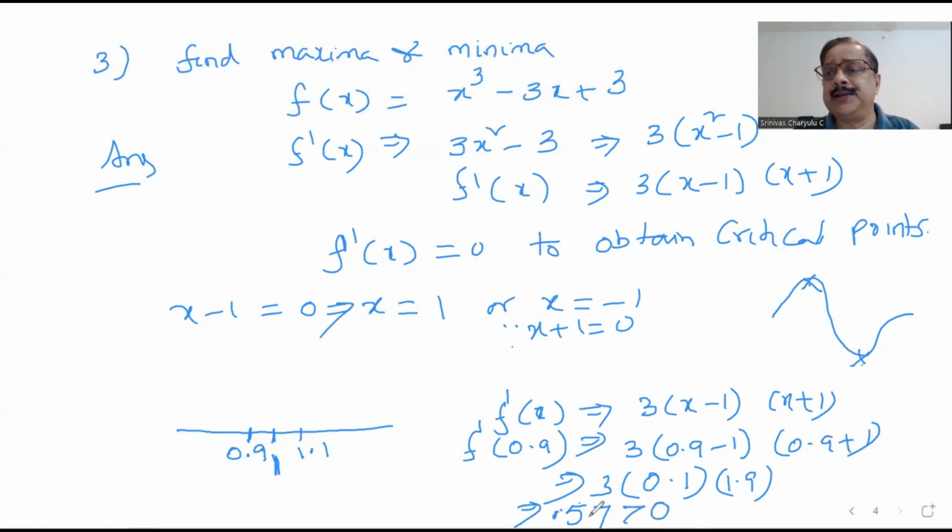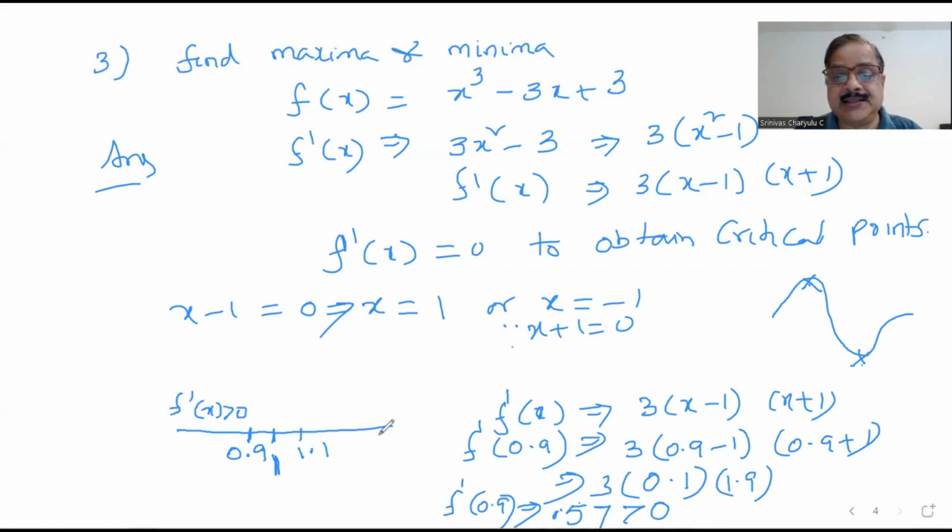Just check this multiplication, but however, we are getting a positive sign. So f dash 0.9 came greater than 0.